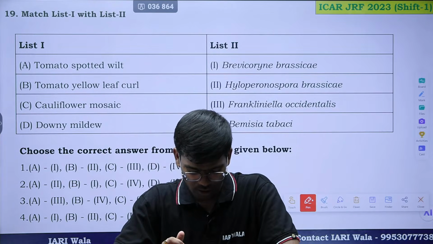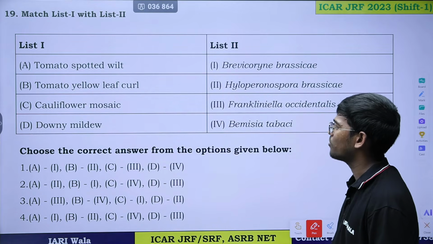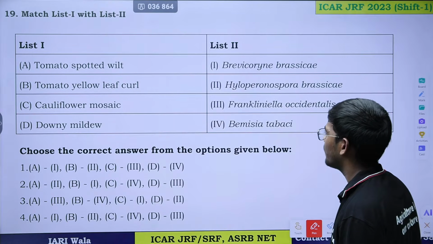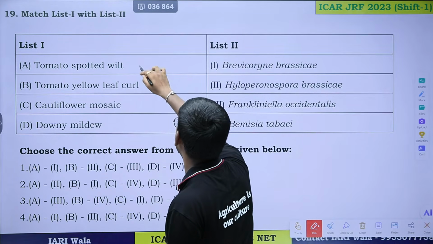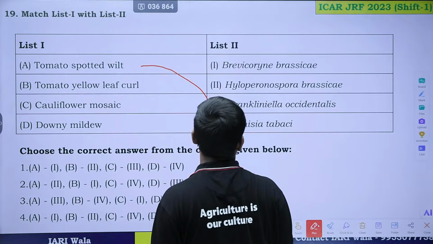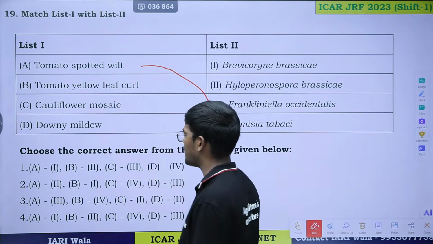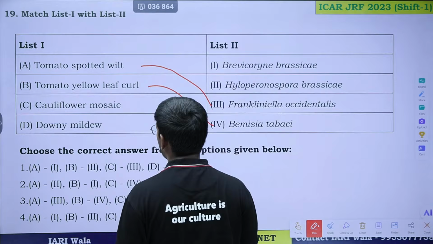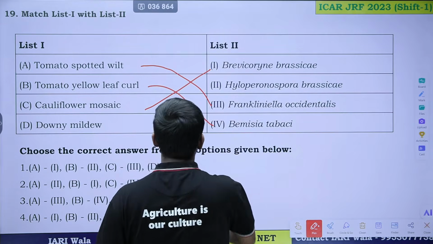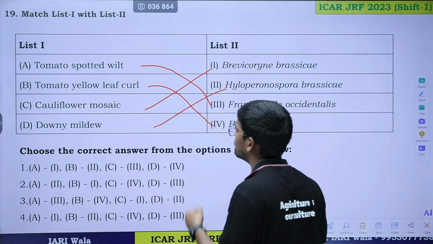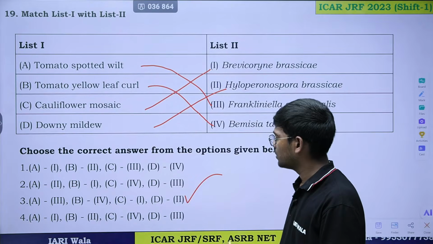Let's check whether it's 3 or not. So here again a matching question. One side they gave disease and the other side the vectors. We know tomato spotted wilt virus, that is TSWV, is transmitted by thrips. Here the thrips species is Frankliniella occidentalis. Yes. Then tomato yellow leaf curl disease, I said mostly leaf curl diseases are transmitted by whitefly Bemisia tabaci. This thing we know. Cauliflower mosaic is transmitted by aphid, that is Brevicoryne brassicae. Then downy mildew is Hyaloperonospora brassicae. Okay. So A3, B4, C1, D2. Third option is correct.